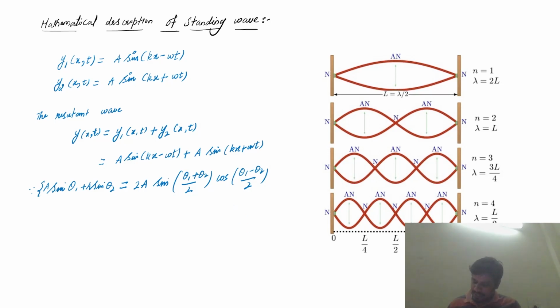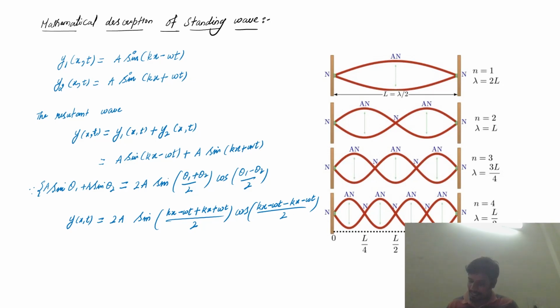Using this identity, the resultant wave y(x,t) equals 2a sin of ((kx minus omega t) plus (kx plus omega t)) divided by 2, times the cos of theta 1 minus theta 2, where theta 1 is kx minus omega t and theta 2 is kx plus omega t.